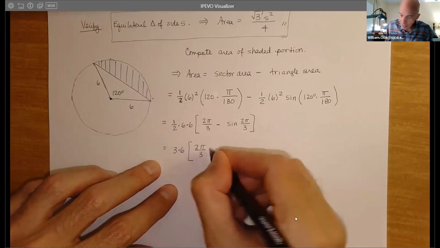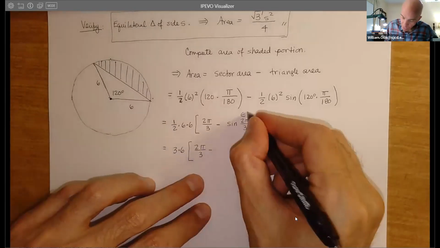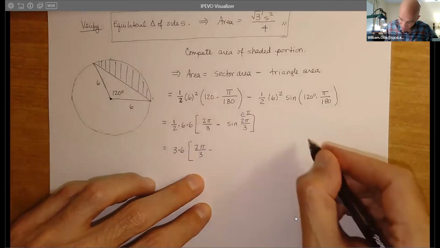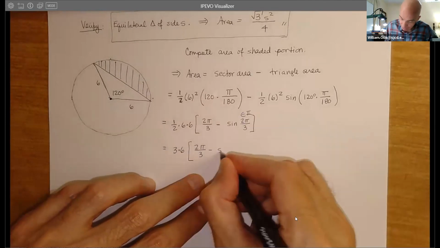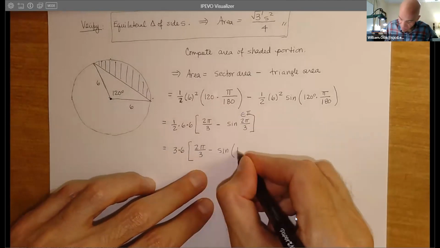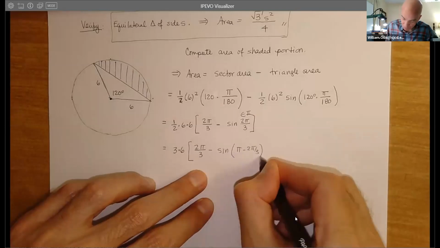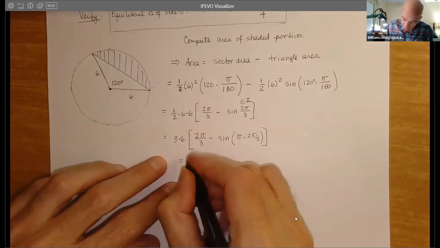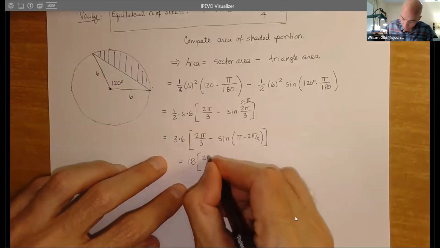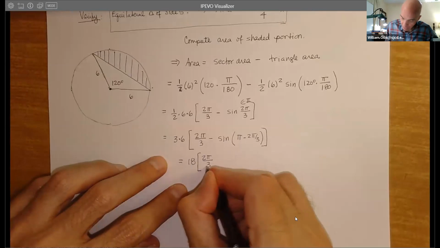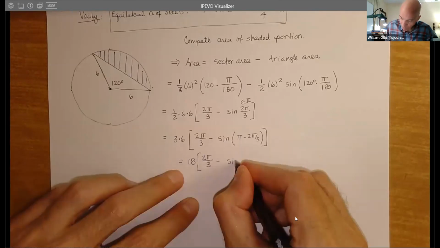And so again, this is in the second quadrant. So it's just like we did the last proof. So this will be the same as sine of pi minus 2 pi over 3 using the reference. So we have 18, 2 pi over 3 minus sine of pi over 3.